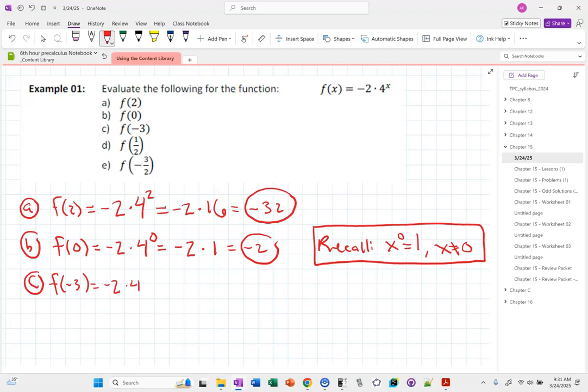So let's do f of negative 3. So that's going to be negative 2 times 4 to the negative 3. What is 4 to the negative 3? What do I do for that? What's a negative exponent mean? You have to change the sign every time you multiply the exponent. Nope.